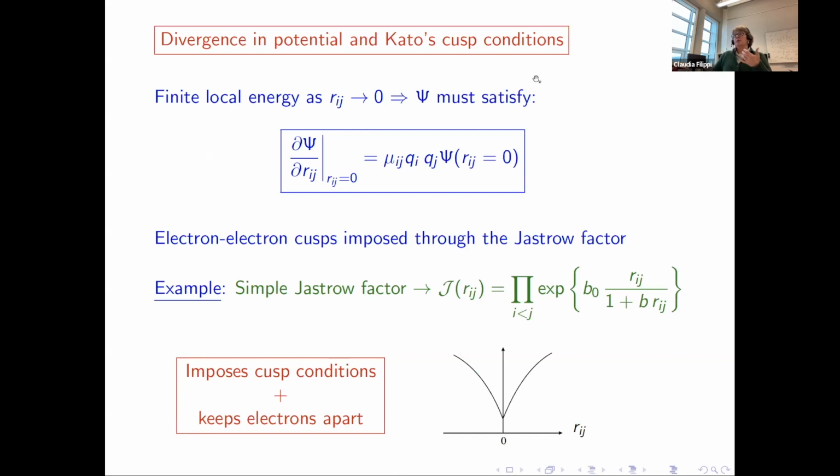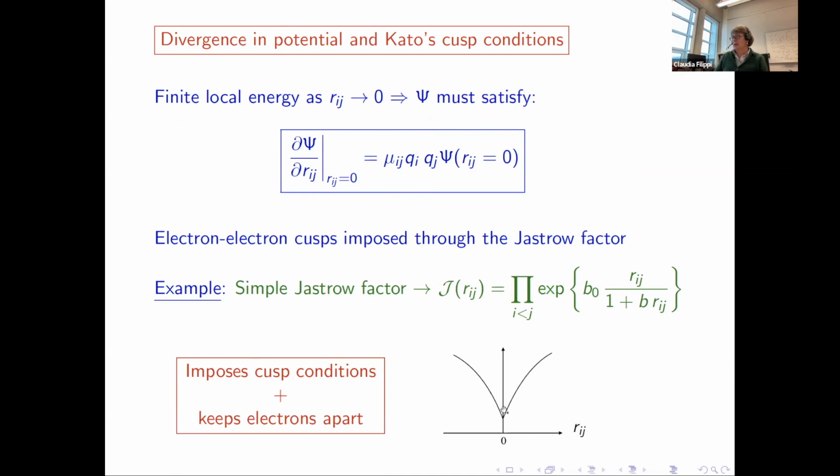So what we do is impose the so-called Kato cusp condition. In the case of antiparallel electrons, if the wave function is different from 0, you are imposing that the gradient of the wave function at the point where two electrons get on top of each other is actually finite. So you're imposing that your Jastrow factor has such a form.